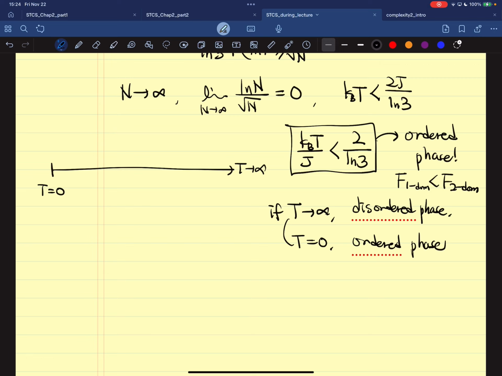We know that this is the ordered phase, and this is the disordered phase.